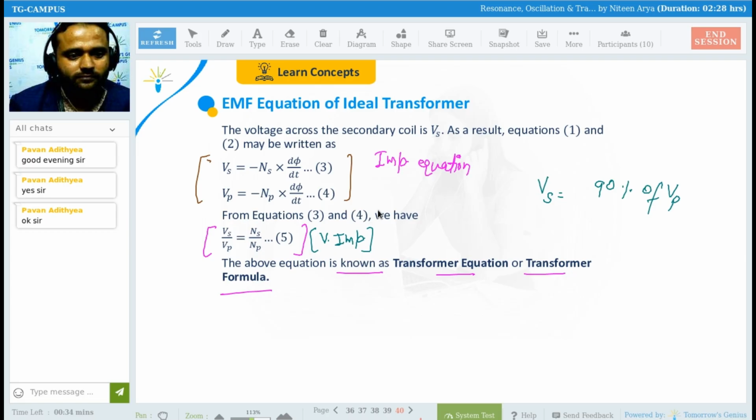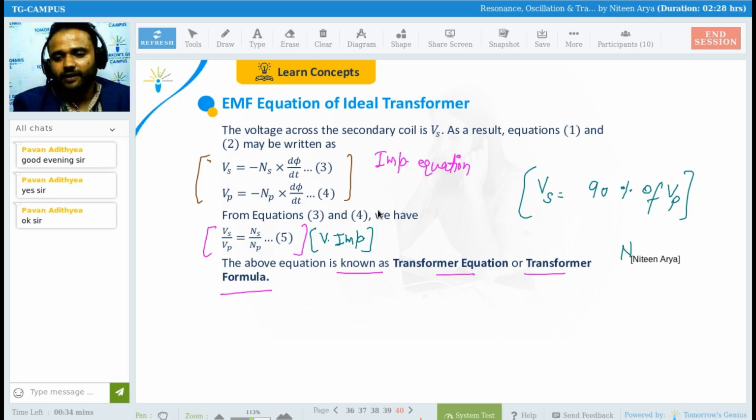So when you know the relation between Vs and Vp, Vs is 0.9 of Vp, and you get Np, you can easily calculate Ns in this way. Suppose Np here is 1000. So in this way, you can find the number of turns on the secondary.